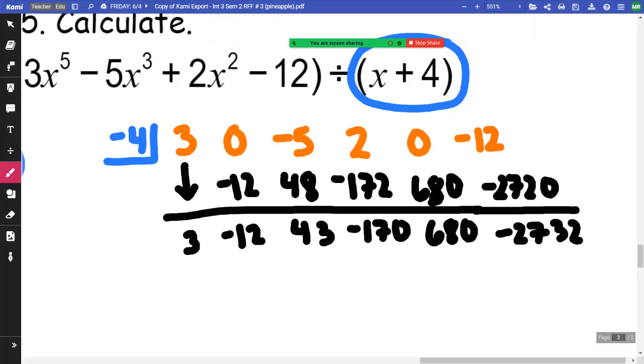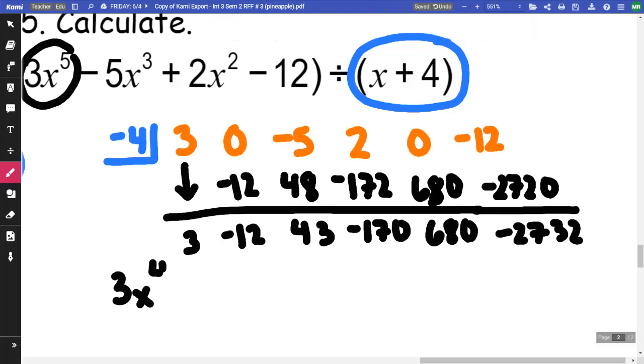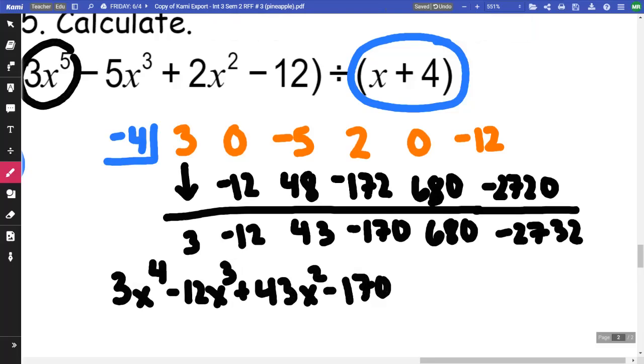Now we're going to write this out. Since it started with an x to the 5th originally, this is always what I call a depressed polynomial, 1 degree less. So 3x to the 4th minus 12x to the 3rd plus 43x squared minus 170x plus 680.